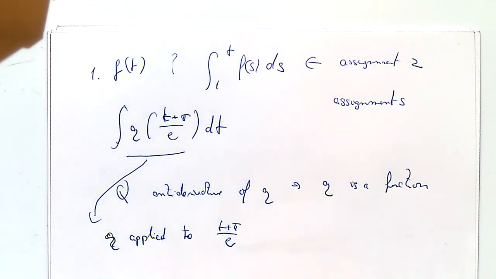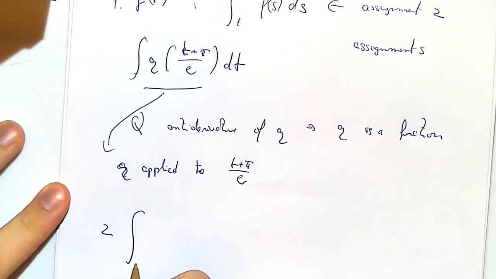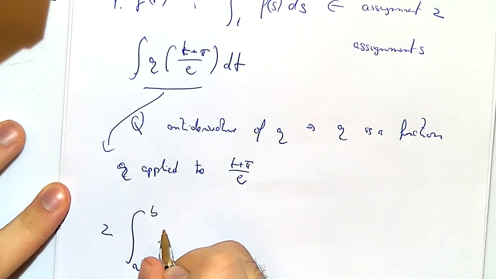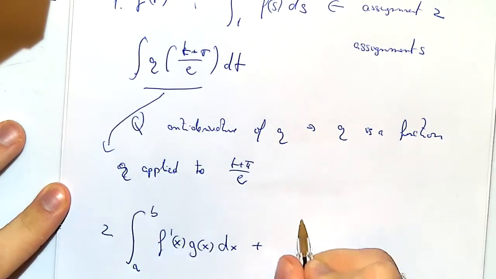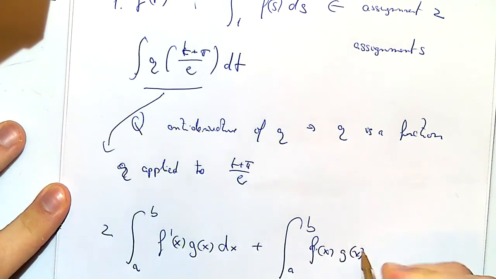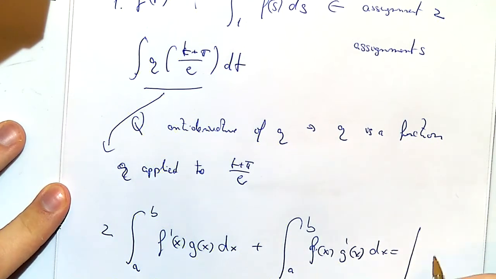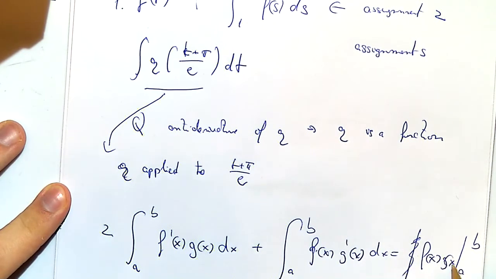Now, moving on. Second, when you are applying integration by parts, I notice that most of you are becoming kind of proficient at it, so you're doing it fast. The integral from, let's say, a to b of f prime x g x dx plus the integral a to b of f x g prime x dx is equal to f of x g x from a to b.